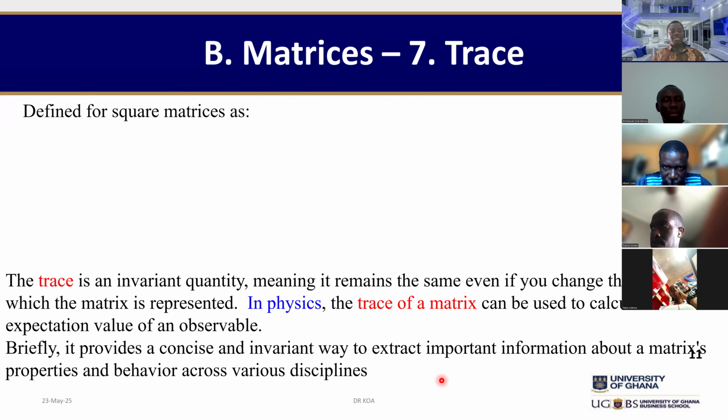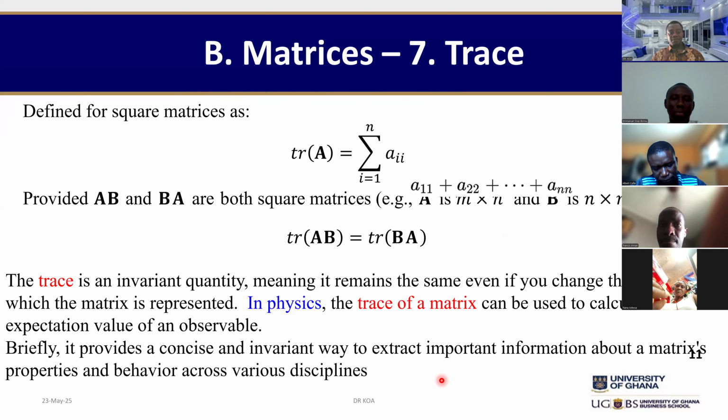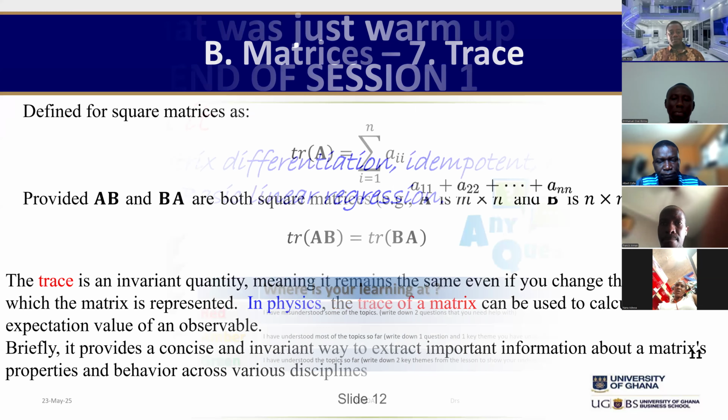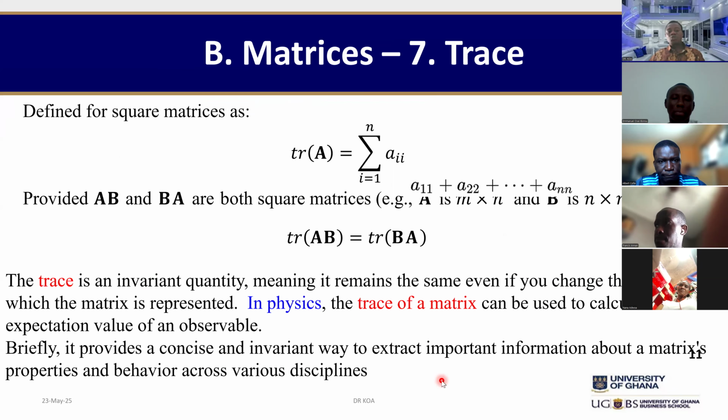So let me end with the trace of a matrix. You can understand why I didn't want to go into all the details of this. What is the trace of a matrix? Before you can appreciate it, you have to understand what trace is.